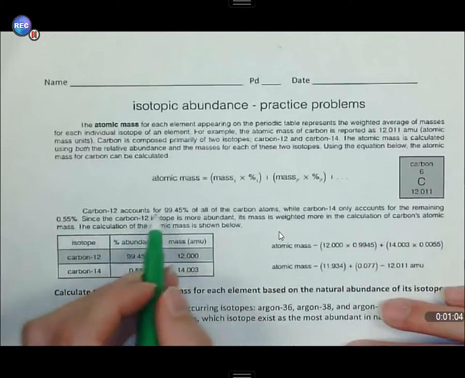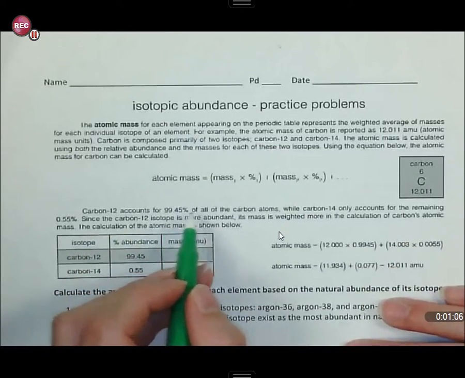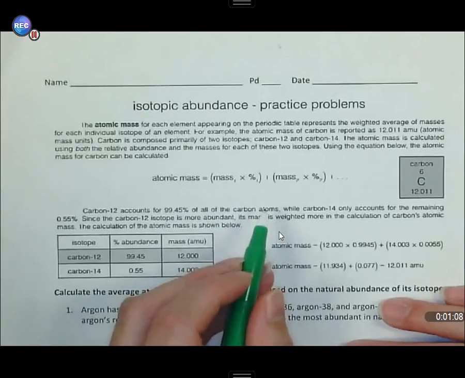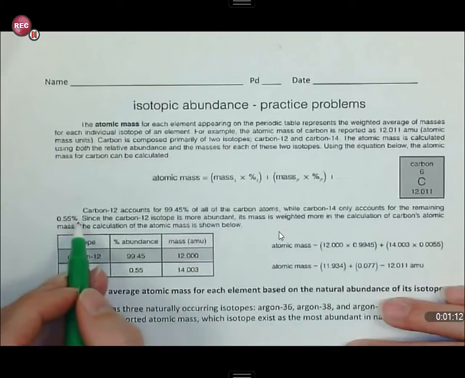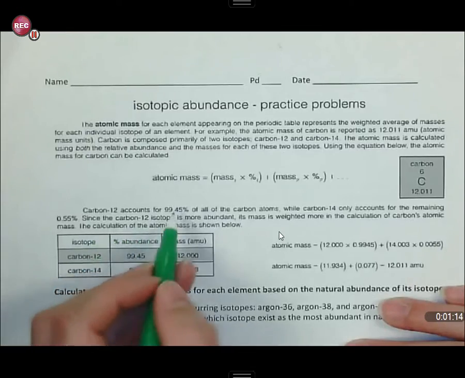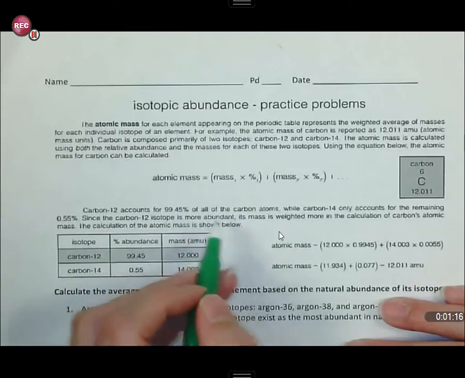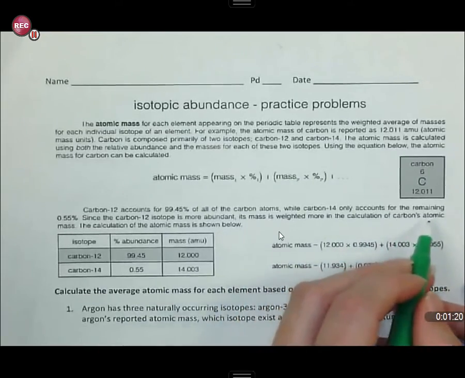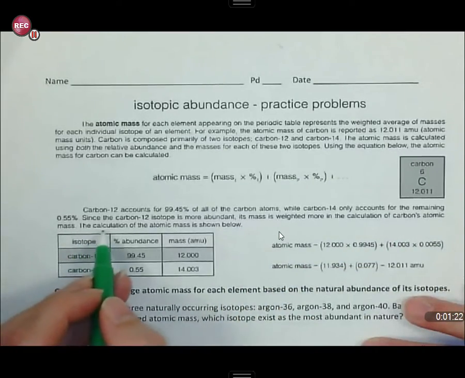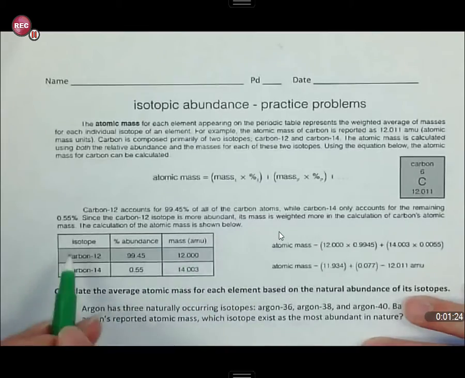Carbon-12 accounts for 99.45% of all the carbon atoms, while carbon-14 only accounts for the remaining 0.55%. Since the carbon-12 isotope is more abundant, its mass is weighted more in the calculation of carbon's atomic mass. The calculation of the atomic mass is shown below.